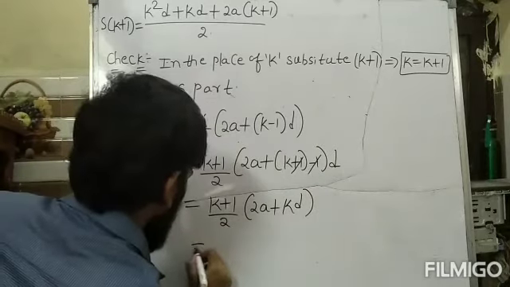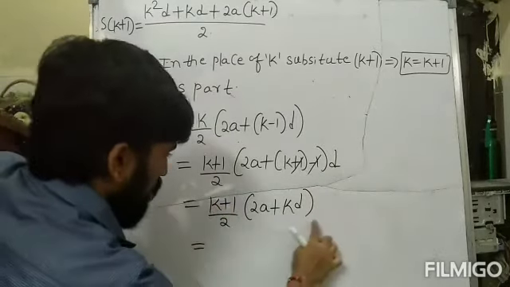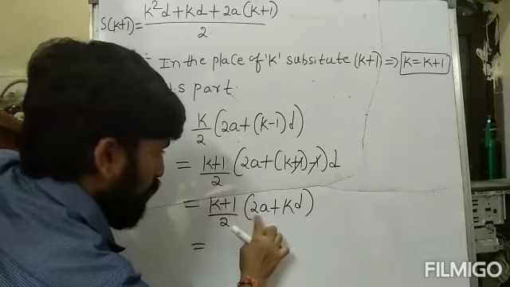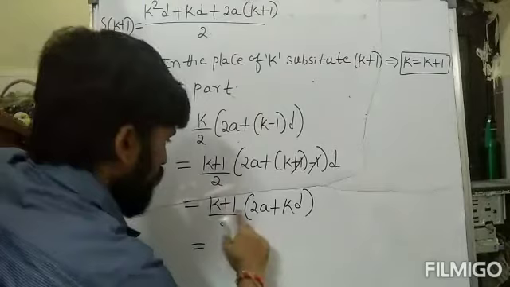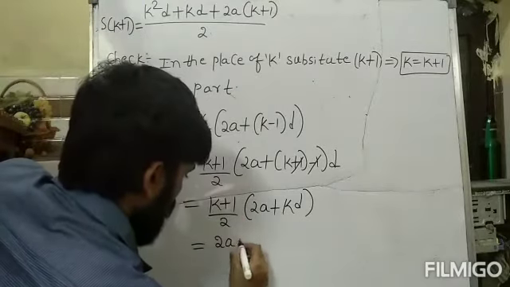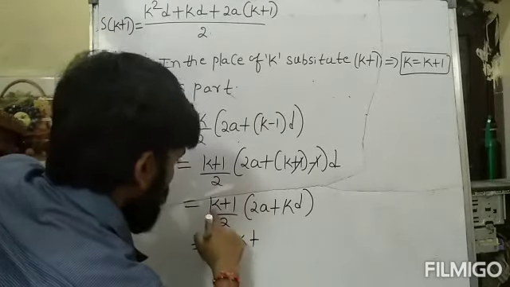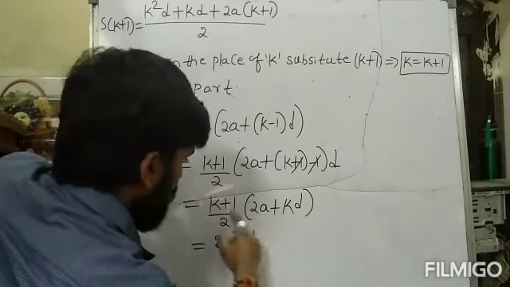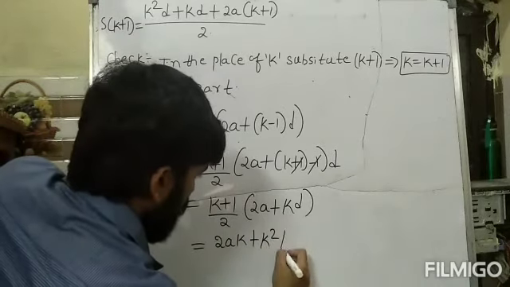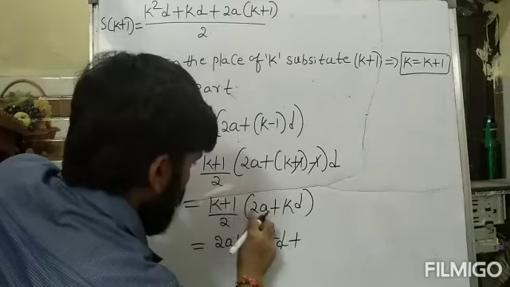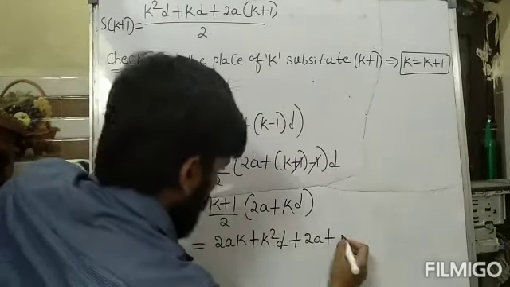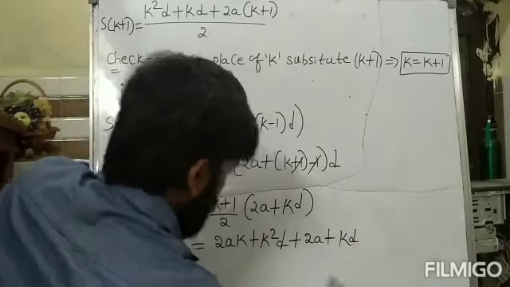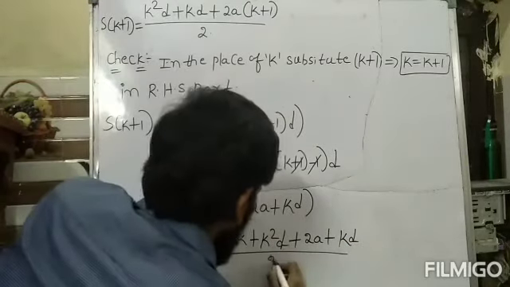Multiplying k into 2a and k into kd gives 2ak plus k square d, plus 1 into 2a, that is 2a, plus 1 into kd, that is kd, all by 2.